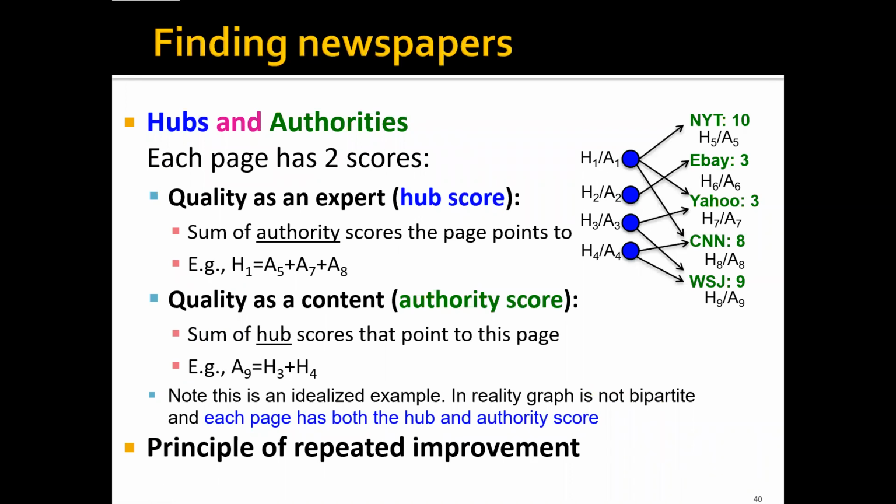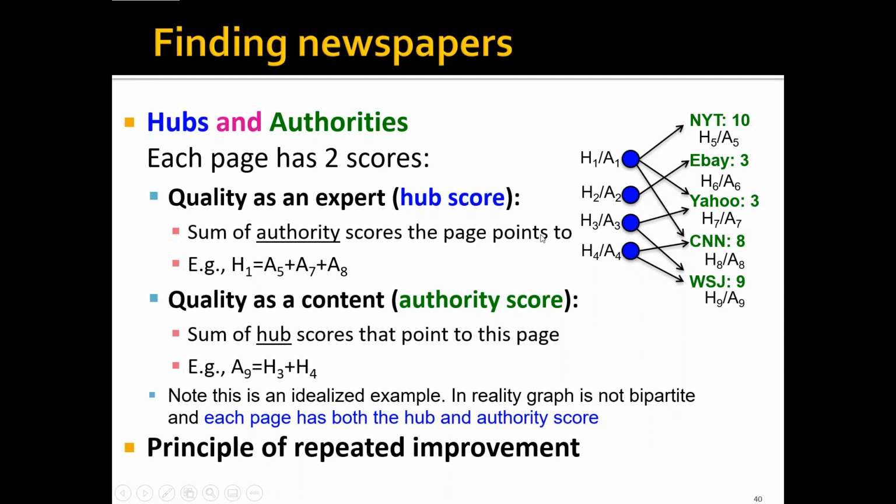Corresponding to hubs and authorities, each page will have two scores. It will have a hub score, which measures the quality of the page as an expert. This hub score can be computed as the sum of authority scores that the page points to.